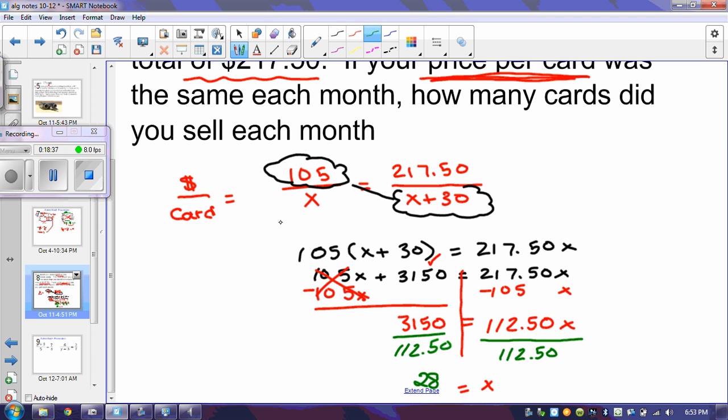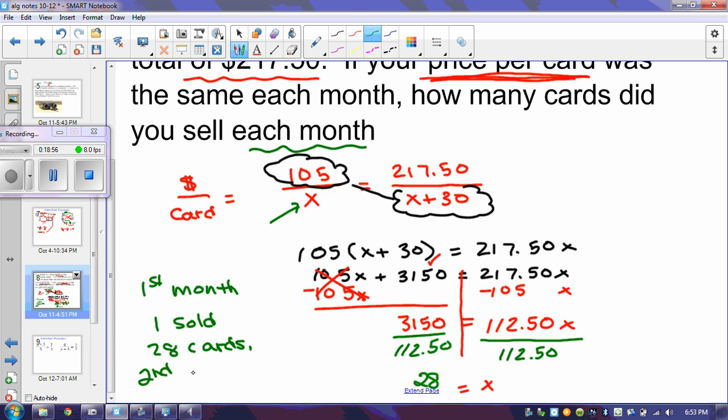Now remember, x stood for the number of cards that I sold in the first month. I'm being asked how many cards I sold each month. So in the first month, I know that I sold 28 cards, which means in the second month, I sold 30 more, which was 58 cards.